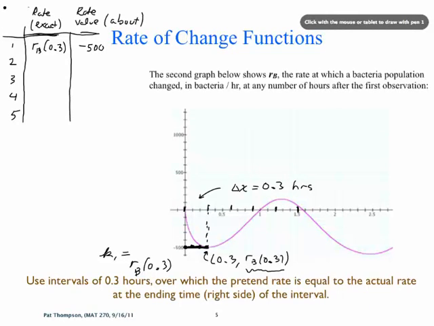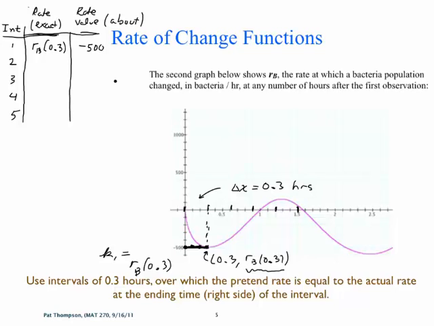Just one more time. And then go ahead and use the scale to get a number. Like for this first one, pretty close to negative 500.